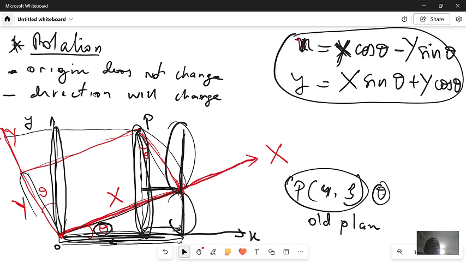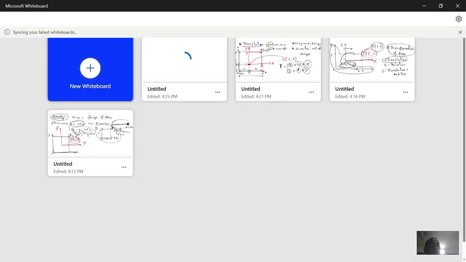Now we are going to see translation and rotation.